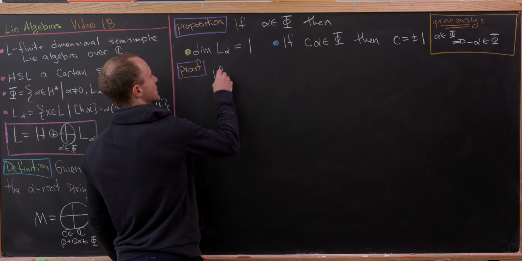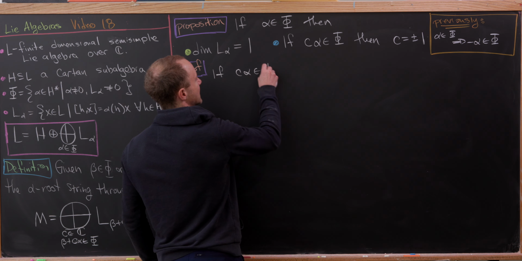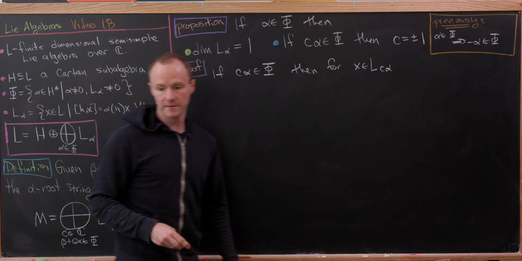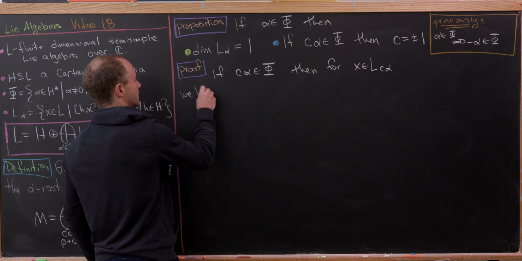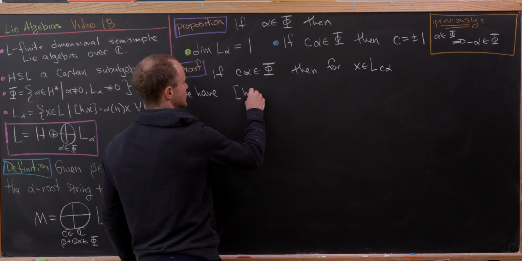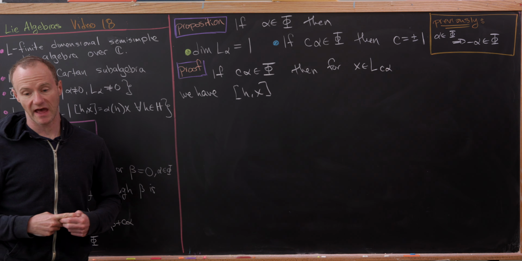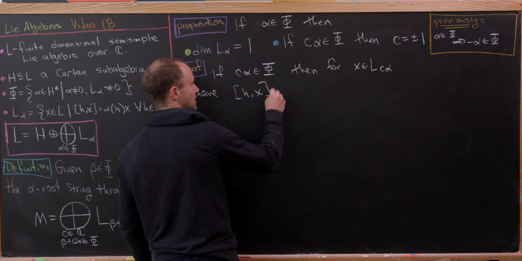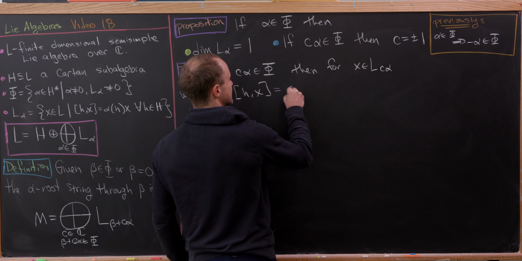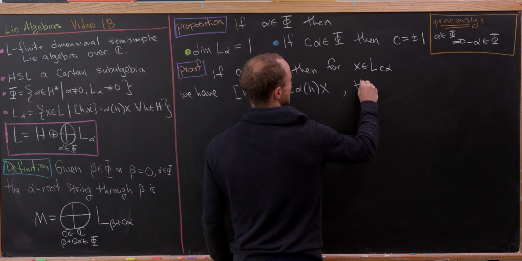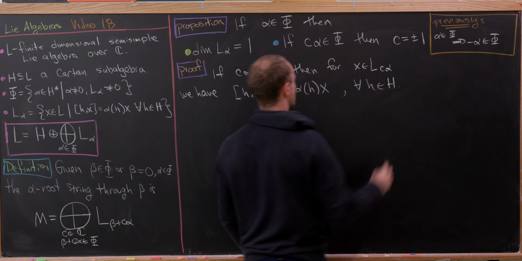Okay, so let's notice that if C alpha is a root here, then what do we have? So then for an X in L C alpha, we have the following, just based off of the definition of L C alpha. So if we take the bracket of H with X, where H is from the Cartan subalgebra, we're gonna get, let's see, C times alpha H times X, and this is gonna be for all H inside of the Cartan subalgebra.